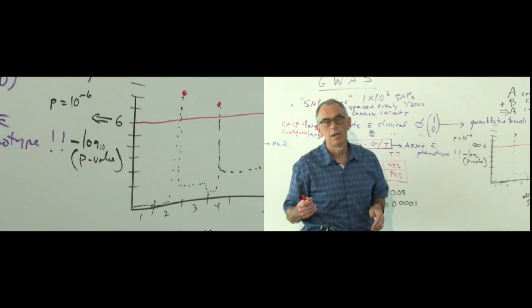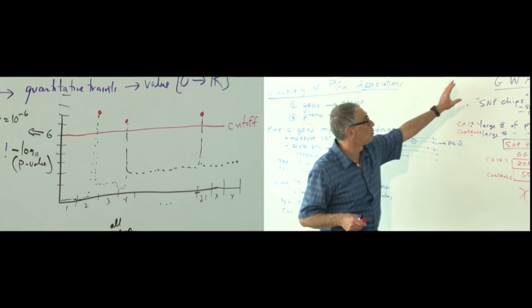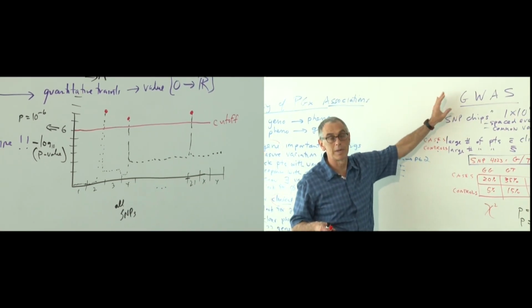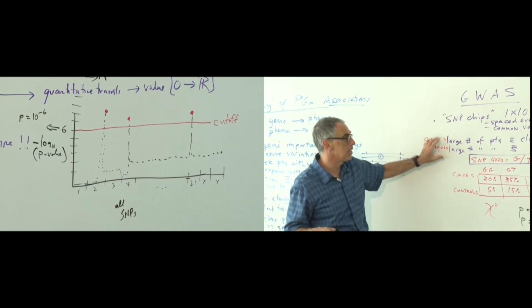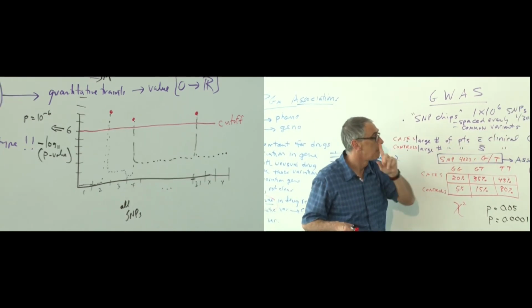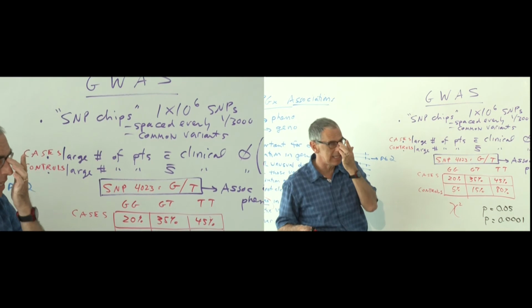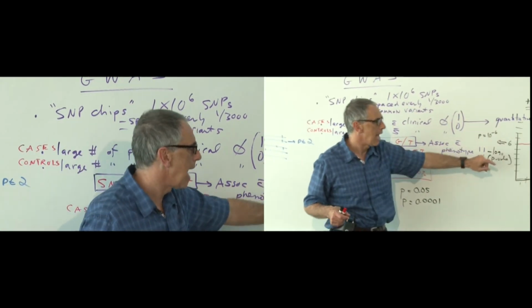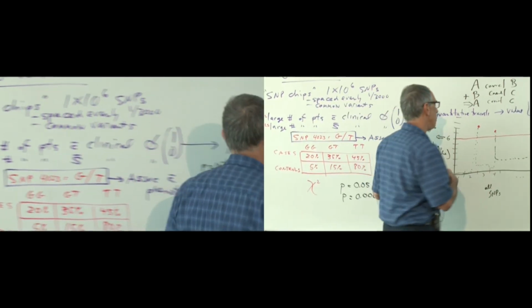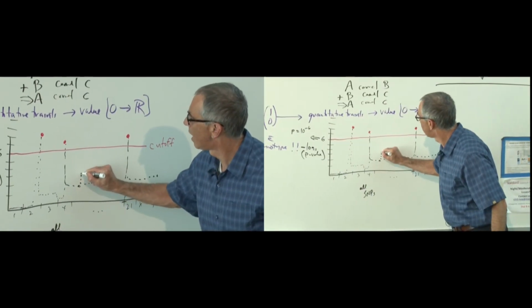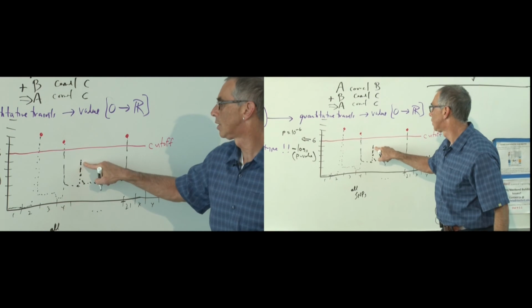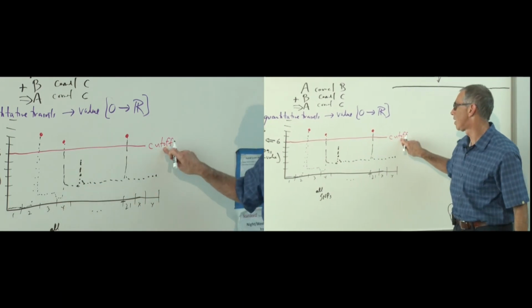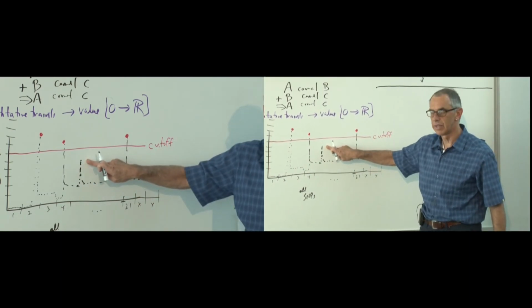And that's been the success of genome-wide association study in pharmacogenomics. They also do this for disease, where the clinical phenotype is disease. It turns out that for complex diseases, it's a very tricky story. You don't always get hits, and sometimes the hits are there, but they're not significant. So if I had a peak here, well, it sure looks exciting, but if I really believe my cutoff, then this is not a significant hit.